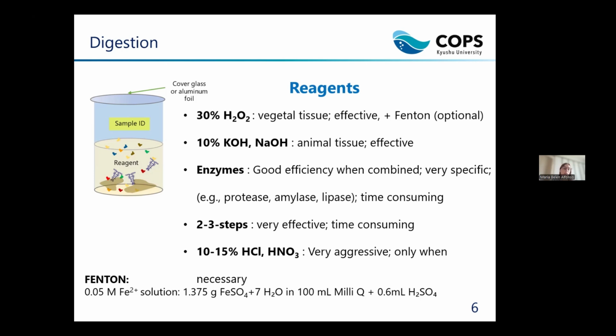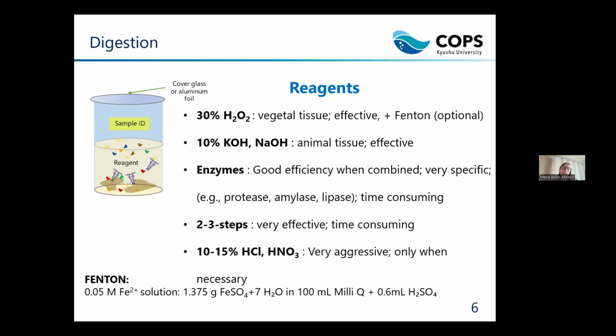For example, you have protease, amylase, lipase for lipids and others, but it's very time consuming. So maybe it's not the easiest approach for a beginner, or if you don't have much time, or you have a very high number of samples. Using enzymes is most costly. I mean, the costs are higher and it's very time consuming.